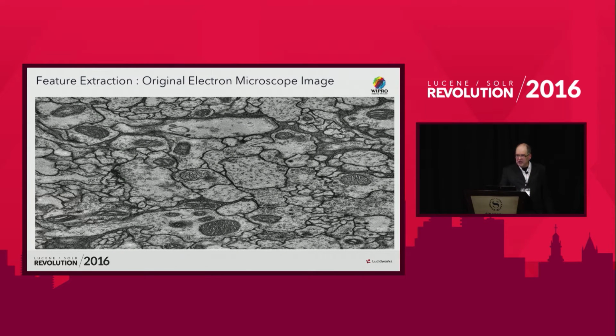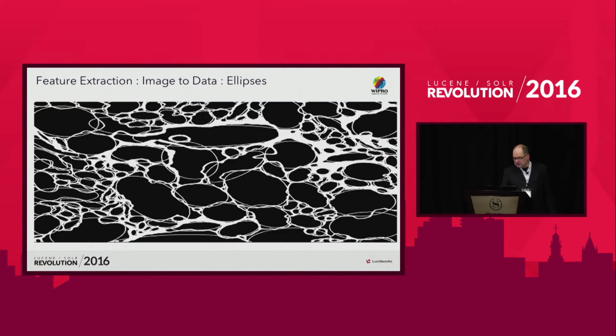Here's an example of another kind of data people are interested in. It's from an electron microscope rather than an optical one. This is the original image. We do a feature extraction. We can find ellipses and find rough boundaries of objects we find on the slide. We don't have to stop there.